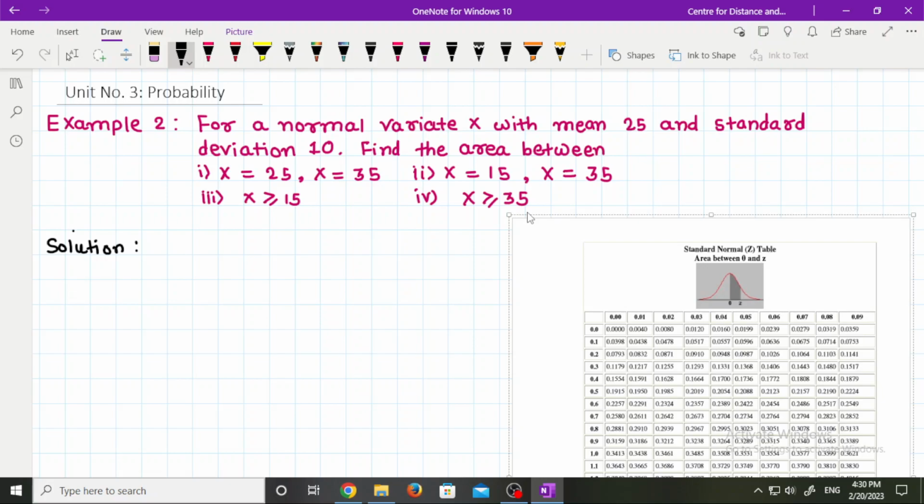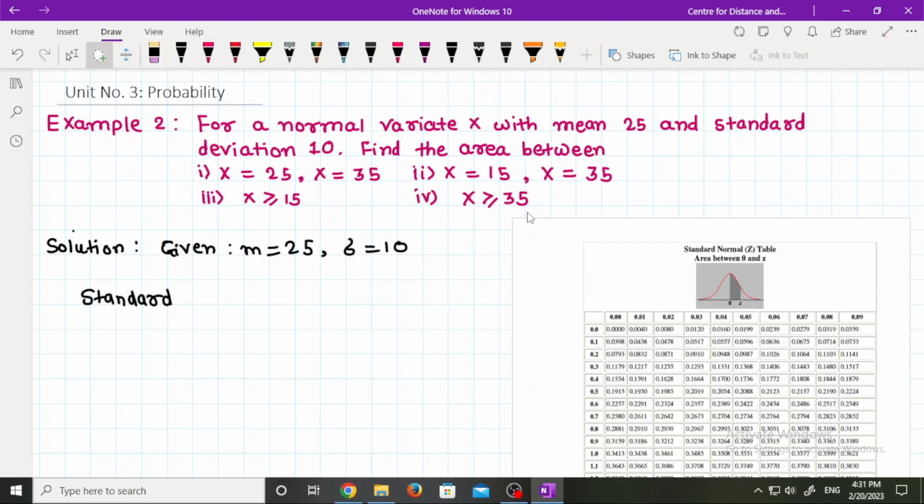First, here given, write down given things, that is mean m is equal to 25 and standard deviation sigma is equal to 10. First we have to find out standard normal variate.